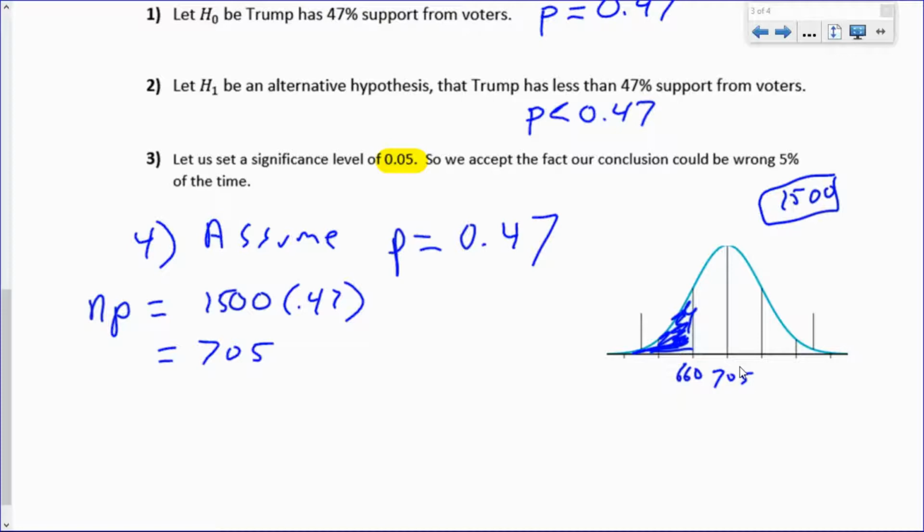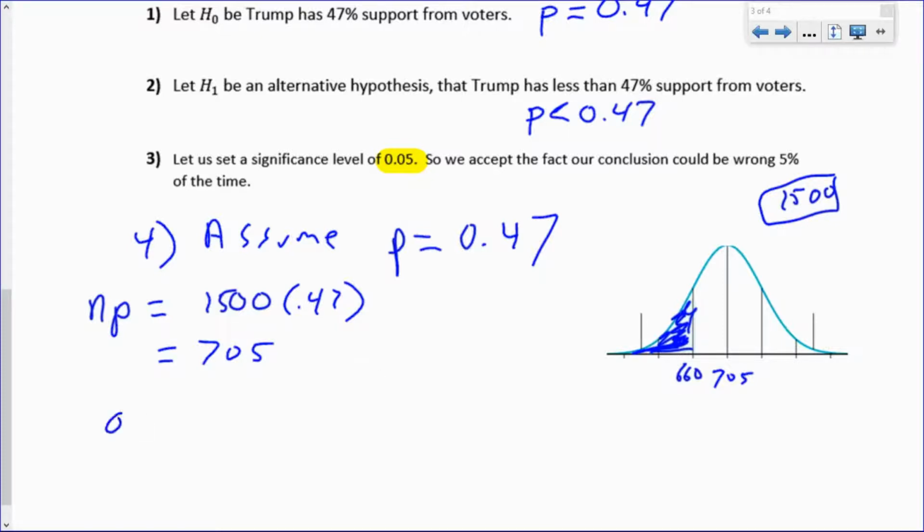That's the mean, like if you imagine repeatedly grabbing 1,500 people, asking them who they're going to vote for. If Donald Trump has 47% of the support, you'd expect that on average 705 people would say Donald Trump. However, by chance, it will almost always be more or less than 705. What's the probability it ends up being 660 or less? And then we'll compare that.